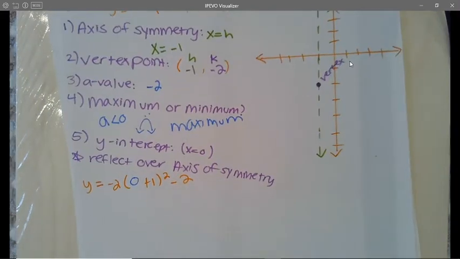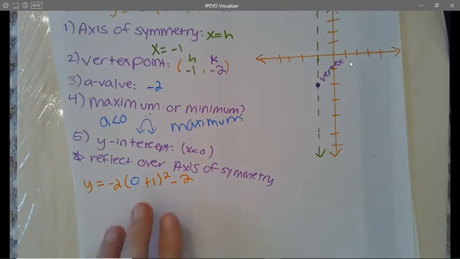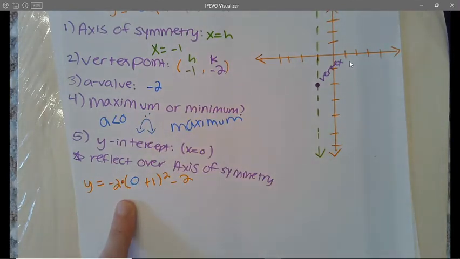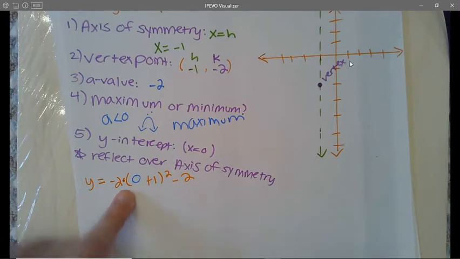Don't forget, when you do order of operations, you have to do parentheses and exponents first before you multiply. So I'm going to deal with the parentheses first, then the exponent, then the multiplication. Don't forget, there's secretly multiplication in between the negative 2 and the parentheses, so be careful.